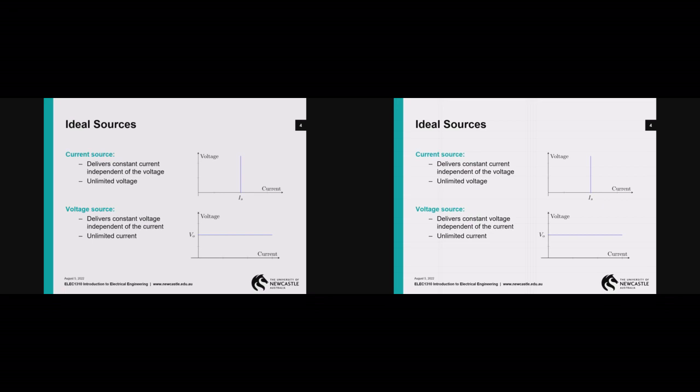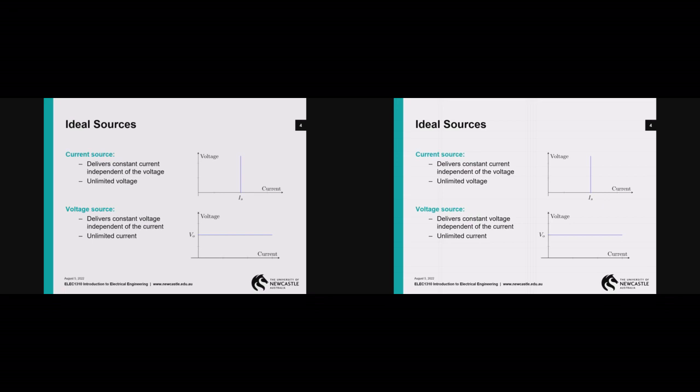Now that device does not exist in reality, because if I could let that voltage be as big as you want, the current times voltage would get very big, so you would have to have a very, very big power source associated with it. Can't physically happen. So our notion of an ideal current source is very much ideal.